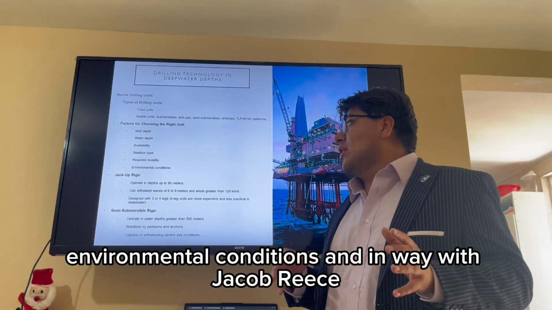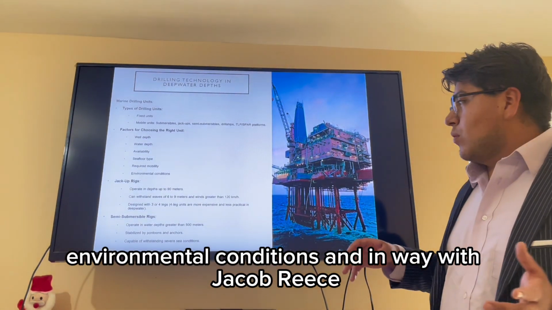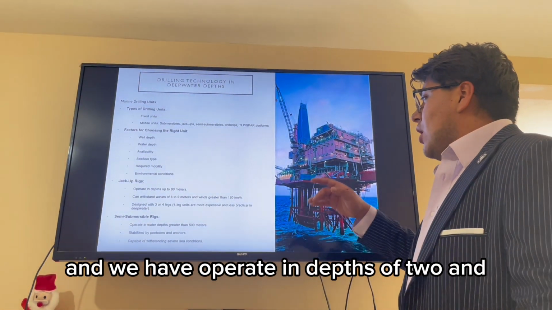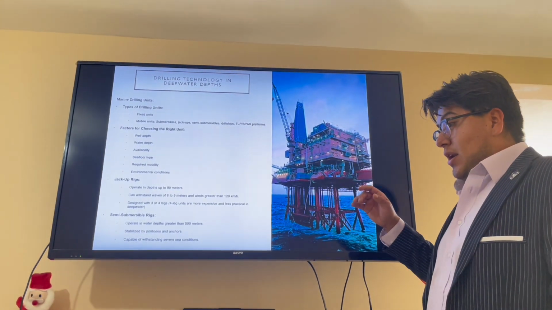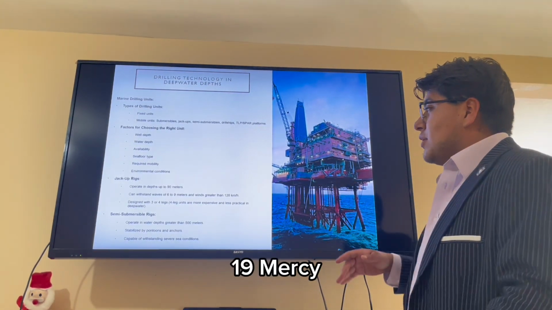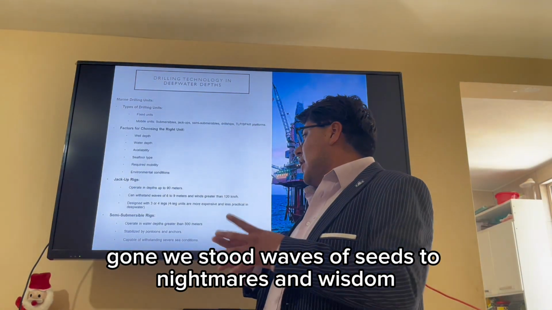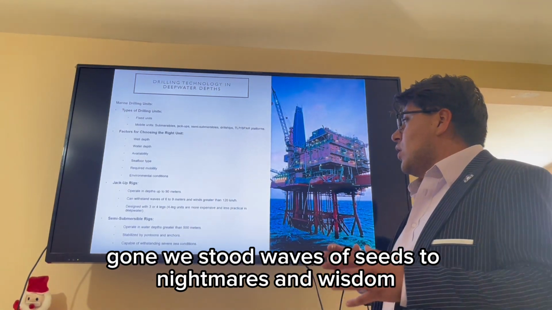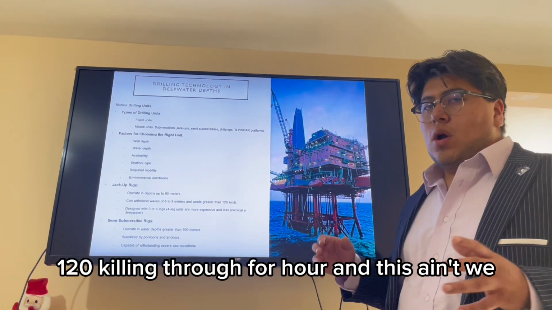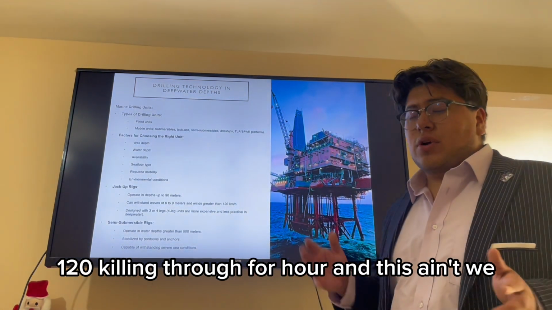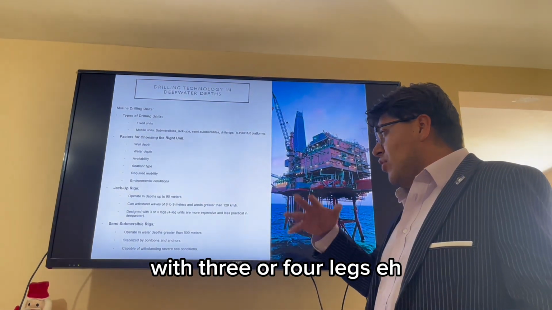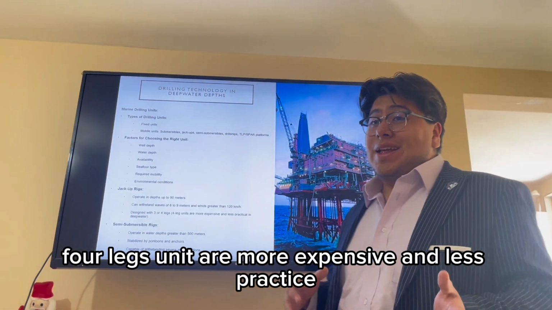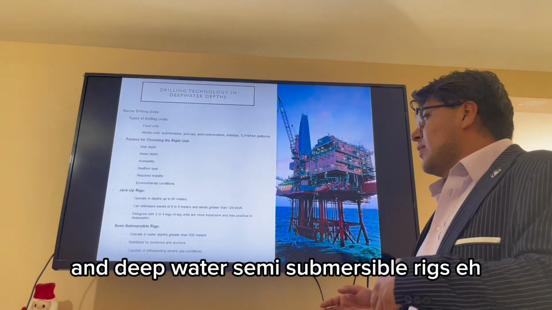The second factor for choosing the right unit: water depth, availability, type, recurrent mobility, and environmental conditions. With jackup rigs, we can operate in depths up to 19 meters. We can have waves of 6 to 9 meters and winds greater than 120 kilometers per hour, and they are designed with 3 or 4 legs. 4-leg units are more expensive and less practical in deep water.